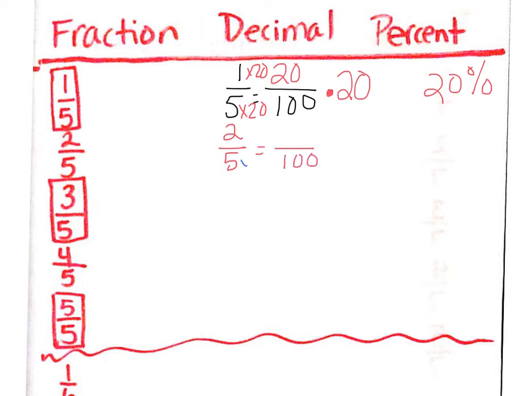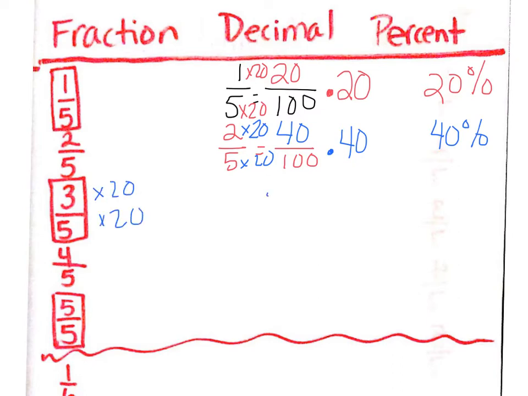I could multiply by 20 again because 5 goes into 100 20 times and get 40 100ths, so 0.40 and 40%. 3/5, again multiplying it times 20 to get 0.60 and 60%.